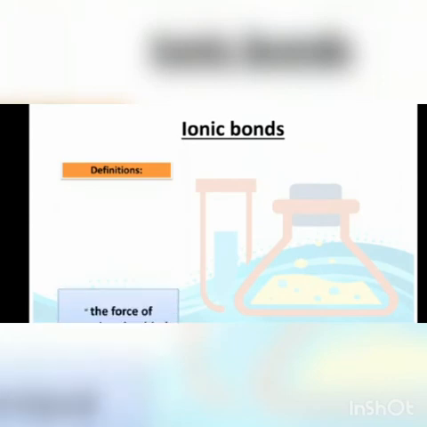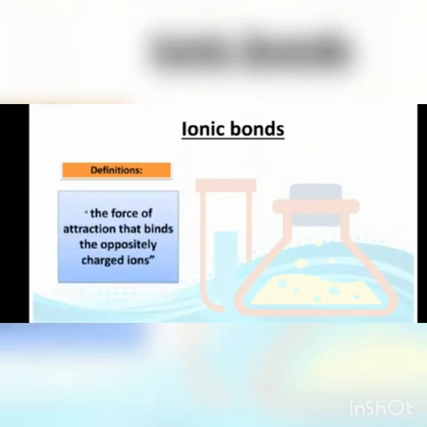The main definition: the forces of attraction that bind the oppositely charged ions. Means in previous slides I told you about the oppositely charged ions, cations and anions. So we can summarize the definition of ionic bond: the forces of attraction that bind the oppositely charged ions.